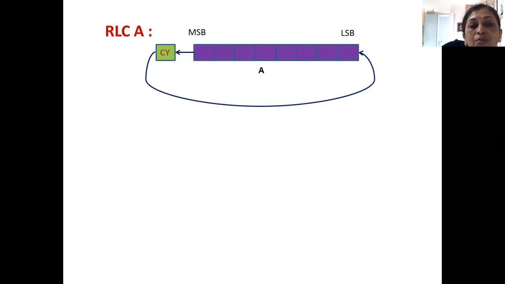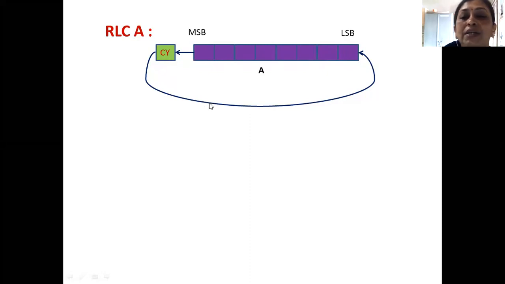After execution of this instruction, the contents of the accumulator will be shifted to the left by 1 bit position, and MSB will go to the carry flag, and the carry flag will go to LSB. In the previous instruction, MSB was going into LSB, and MSB was also going into the carry flag. But this sequence has been changed here, and this sequence is followed in this particular case.